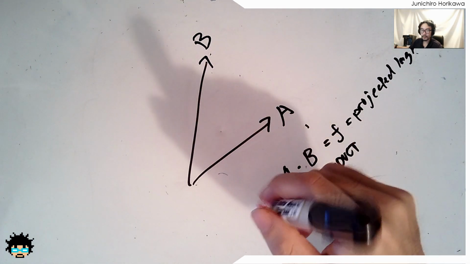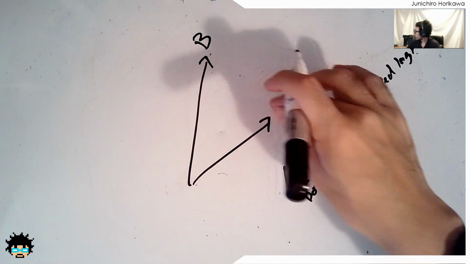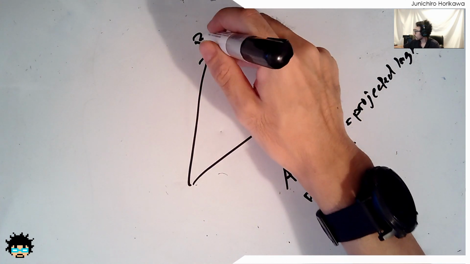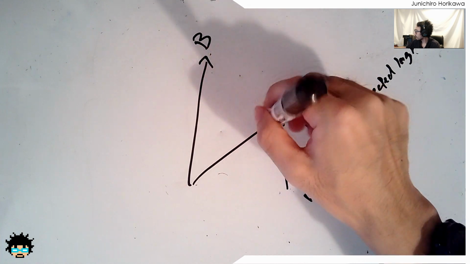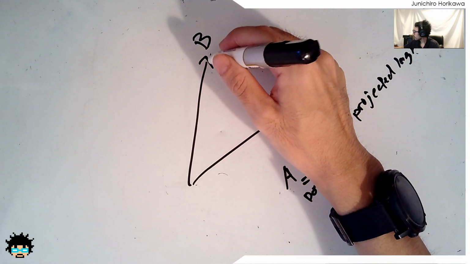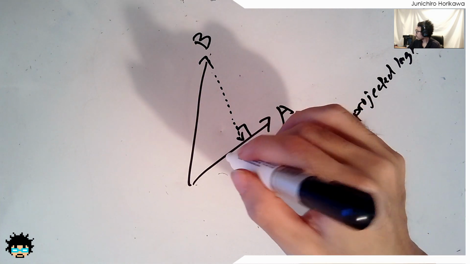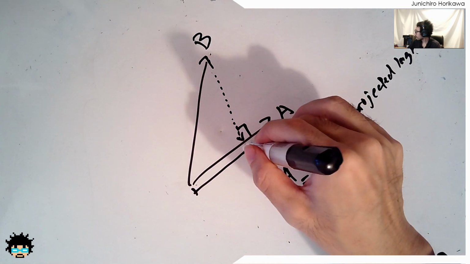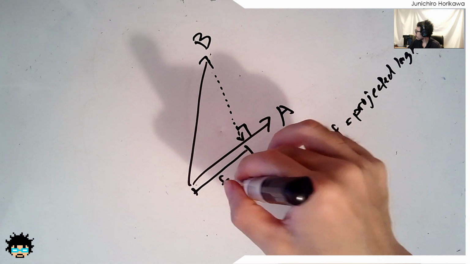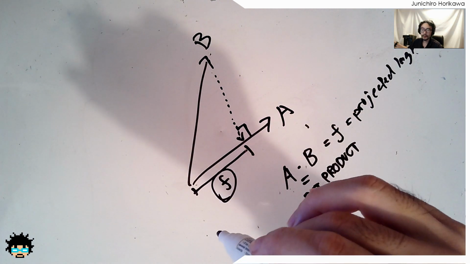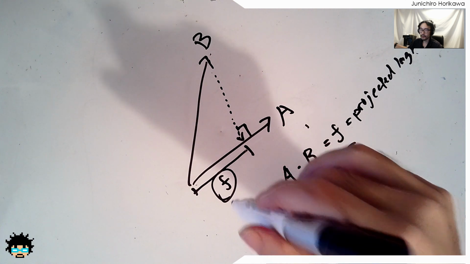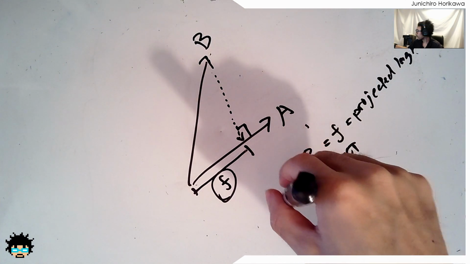in this case, you project one of the vectors to the other vector. For example, if you project this B to A perpendicularly, it goes like this, perpendicular, and you get this size here, and this size is the dot product you will get as a result of this calculation.